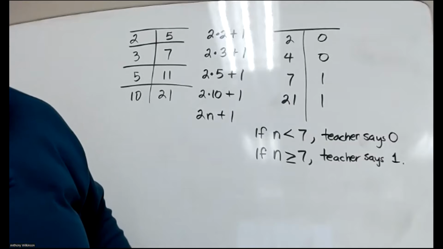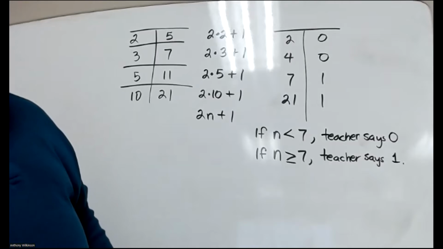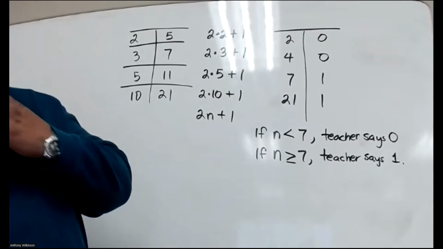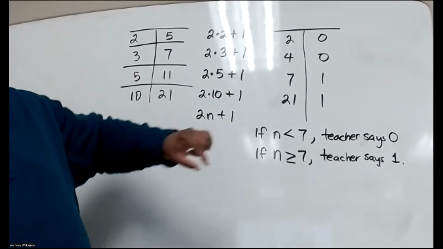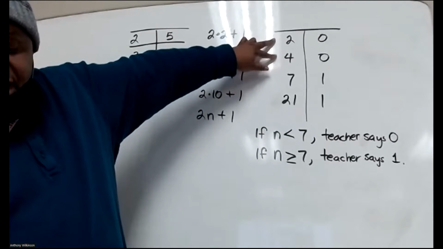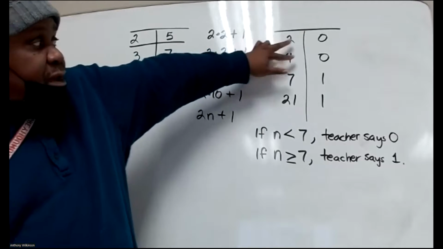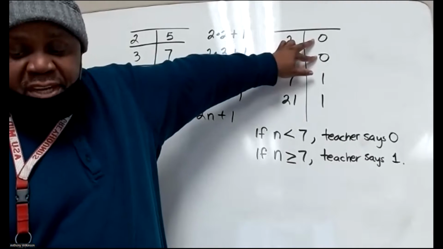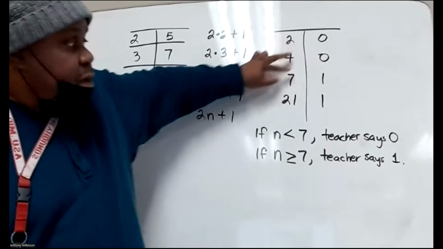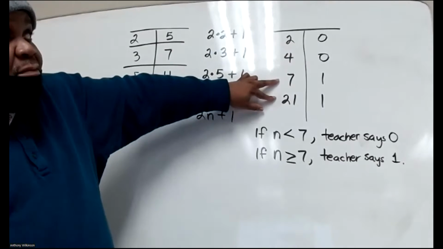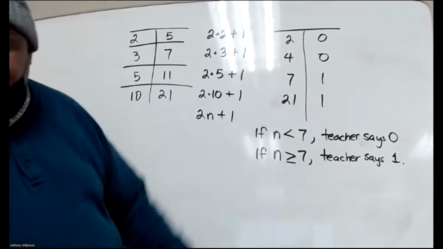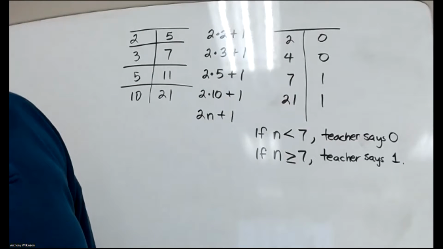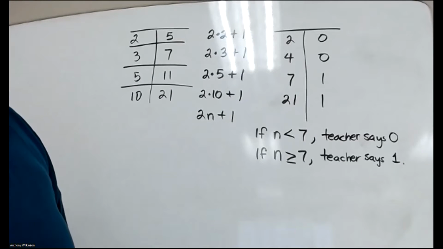And here's another possible answer that the textbook says. If the student number n is even, like these two right here, the teacher would say 0. If they're odd, then the teacher would say 1. That's another possibility.